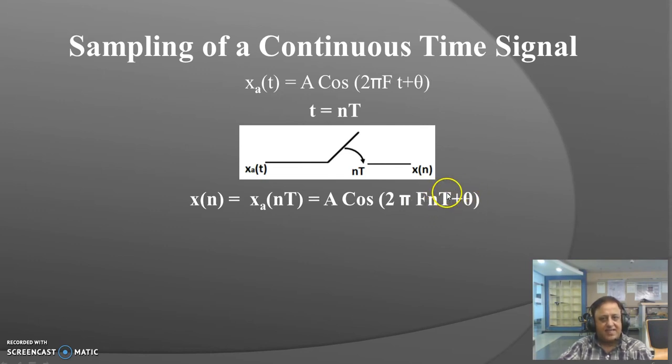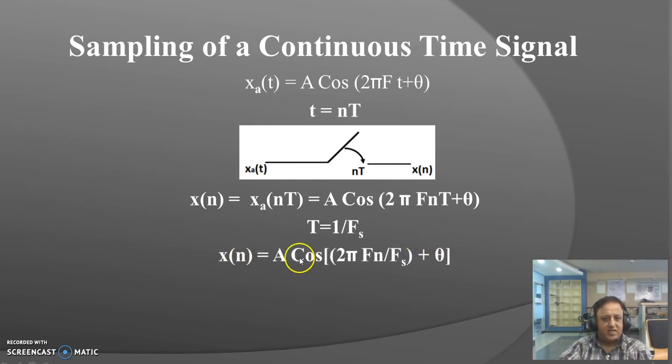Here T is the sampling interval, and this sampling interval can also be written as 1 upon Fs, where Fs is the sampling frequency. So you get x of n equal to A cos of 2 pi F n divided by Fs plus theta.